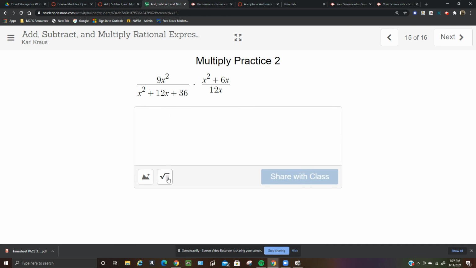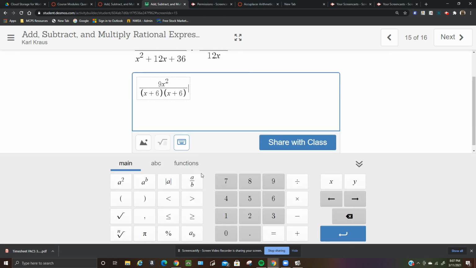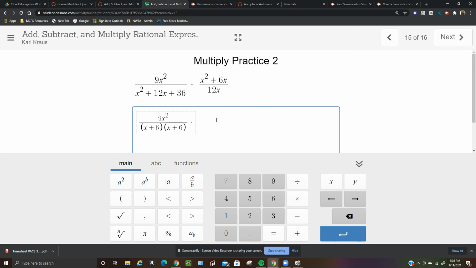And then this one, and x squared. And then back to the denominator, x plus 6 times x plus 6. And the numerator factored.